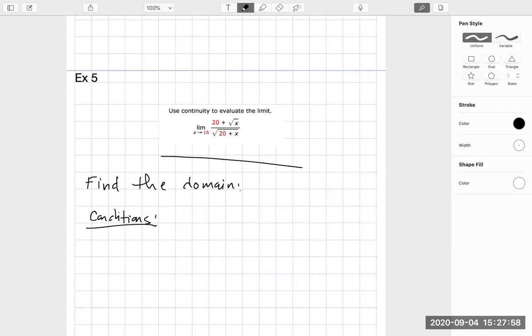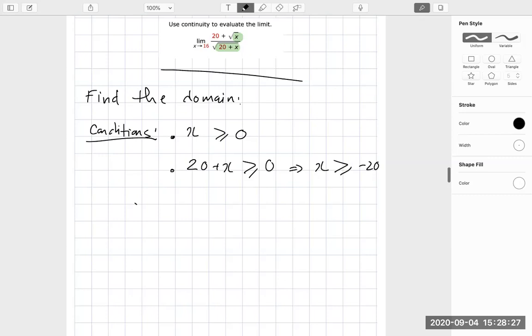The radical sign means that the terms under the radical should be non-negative, so x should be non-negative, and 20 plus x should be non-negative, or in this case, x should be larger or equal to negative 20.